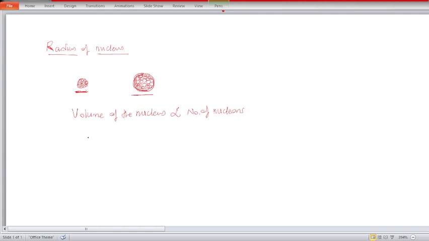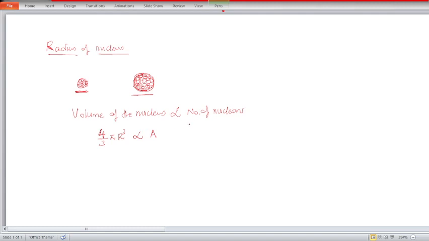And if the nucleus has a spherical structure, then we can approximate the volume as 4 by 3 pi r cube, and this volume is proportional to the number of nucleons. The number of nucleons is nothing but the mass number of the nucleus, so we can just say it is A. So 4 by 3 pi r cube is proportional to A.